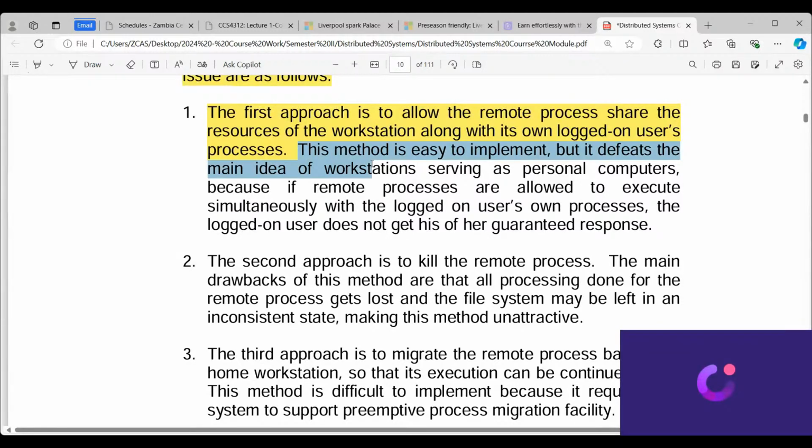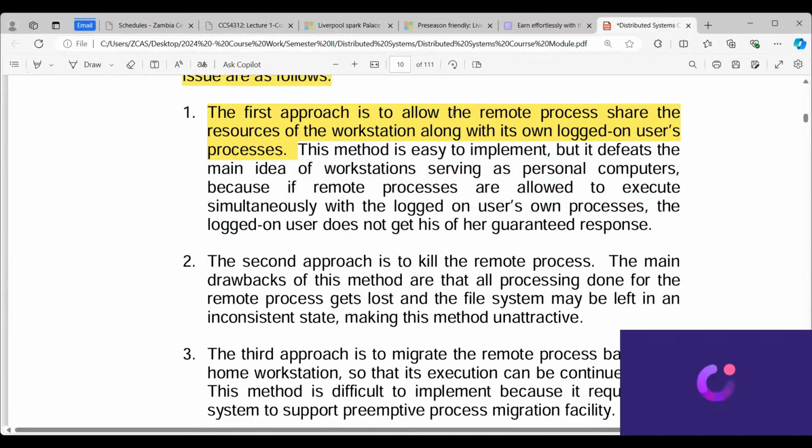This method is easy to implement, but it defeats the main idea of workstations serving as personal computers, because if remote processes are allowed to execute simultaneously with the logged on user's processes, the logged on user does not get his or her guaranteed response. So this may look fine, but it's not really that good.